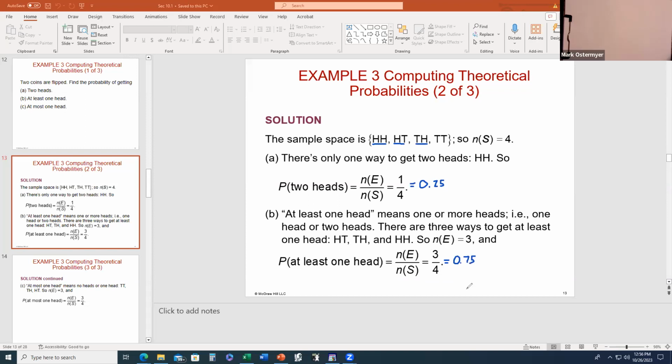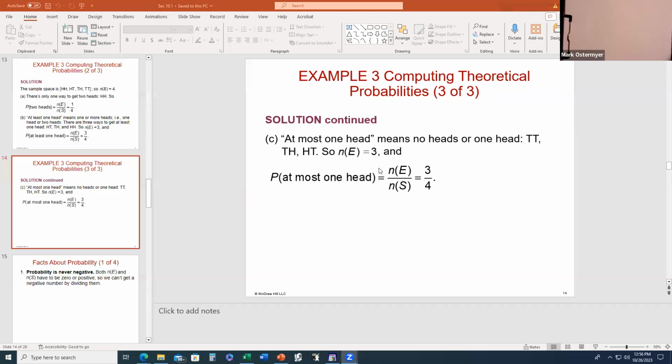All righty. Is this making sense so far here? All right. What was the last problem? The last problem was, what's the probability of tossing at most 1 head? At most 1 head means we could toss exactly 1 head or less than 1 head. So to toss at most 1 head on 2 coin flips means we could toss 1 head.